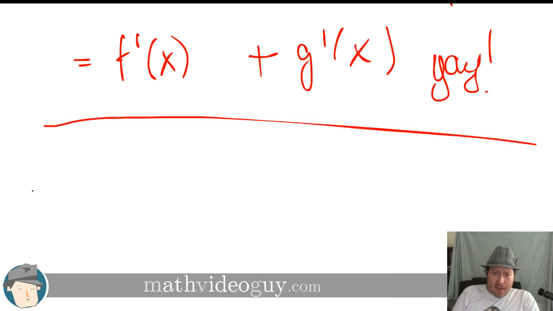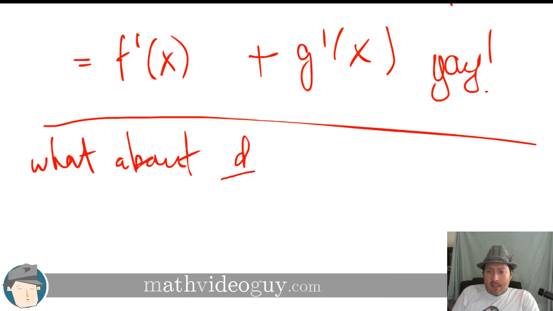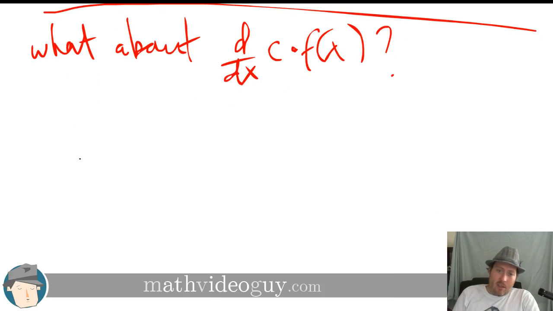Next up we have the multiple by a constant rule. So what about d/dx of c times f of x? What's that equal to? Well, let's do it.